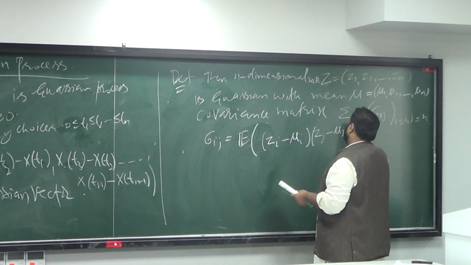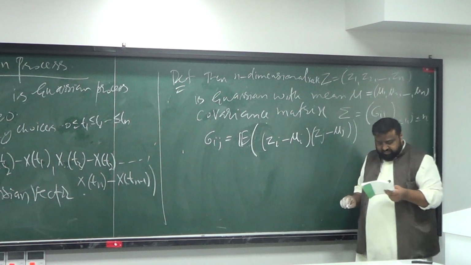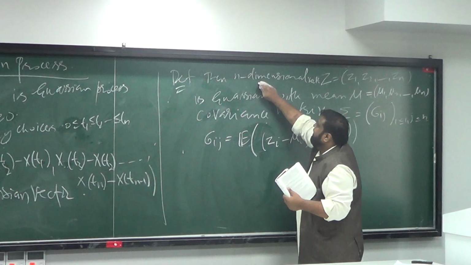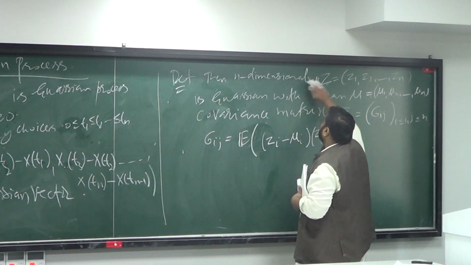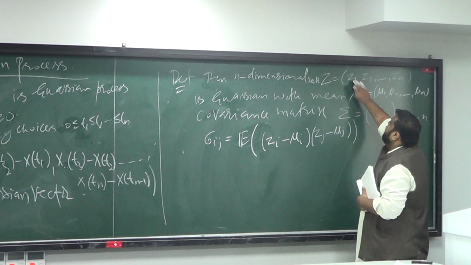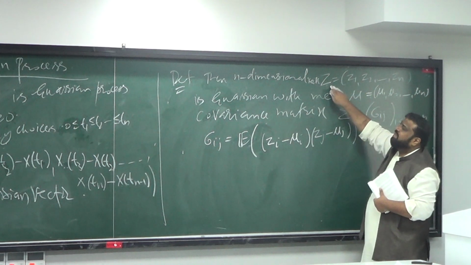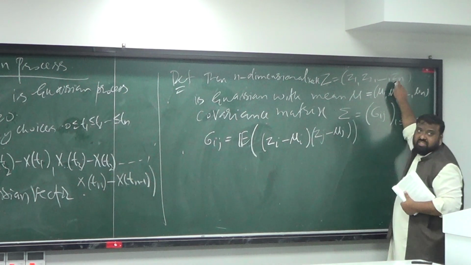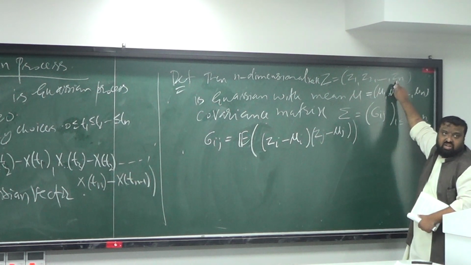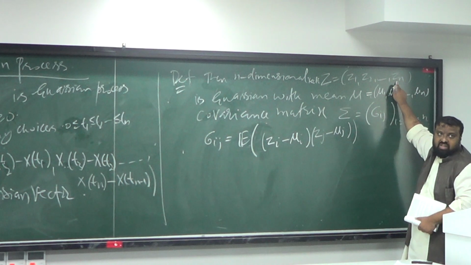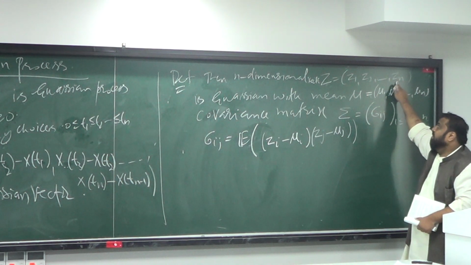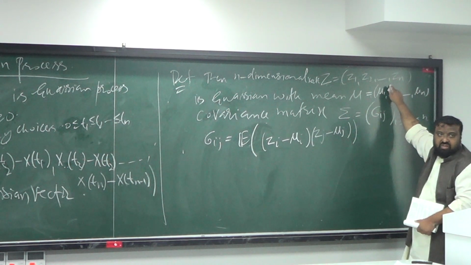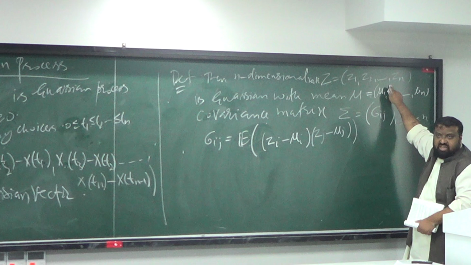Okay. So I have an n-dimensional random vector Z, but each entry of this random vector is a one-dimensional random variable. If it is a one-dimensional random variable, it has a mean and a variance as well.